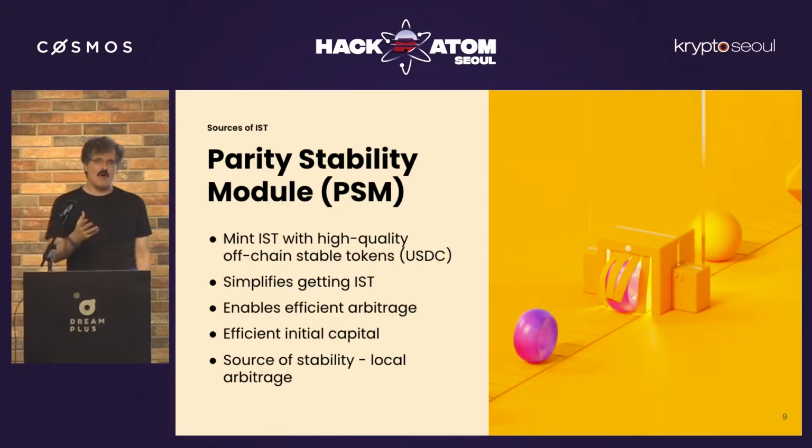The mechanics here are, okay. So when liquidation is happening, the fundamental thing that keeps IST with parity to $1 is how efficiently arbitrageurs can come in and buy and sell the assets that underpin the IST value for $1, right?